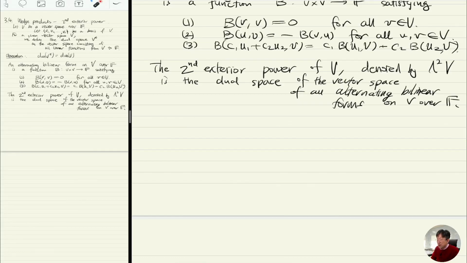All right, we need some convenient notation, right?